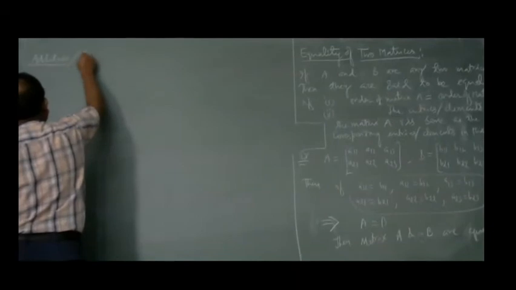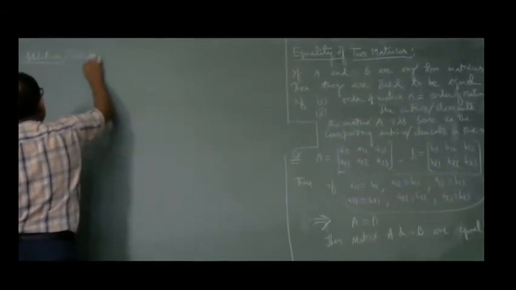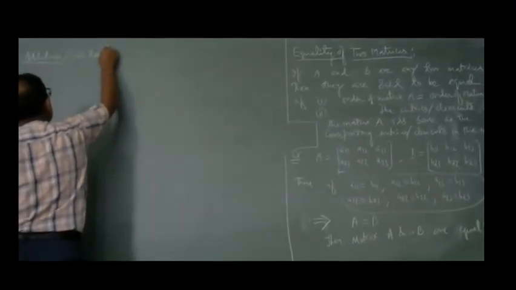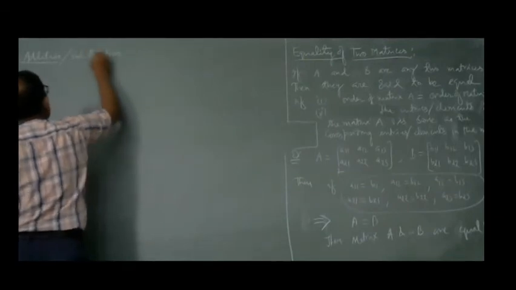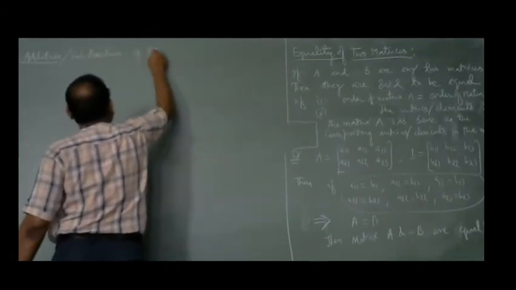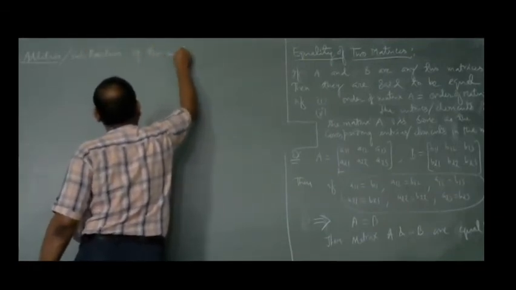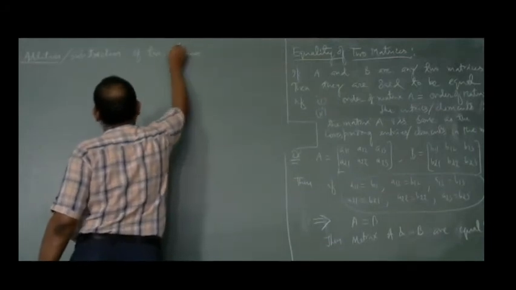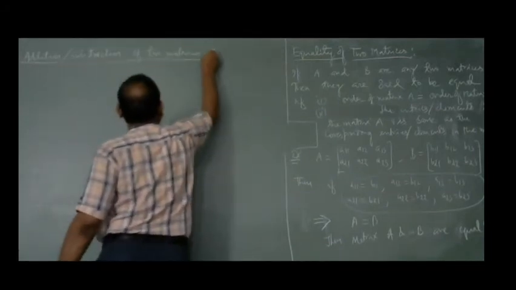Addition or subtraction of two matrices.